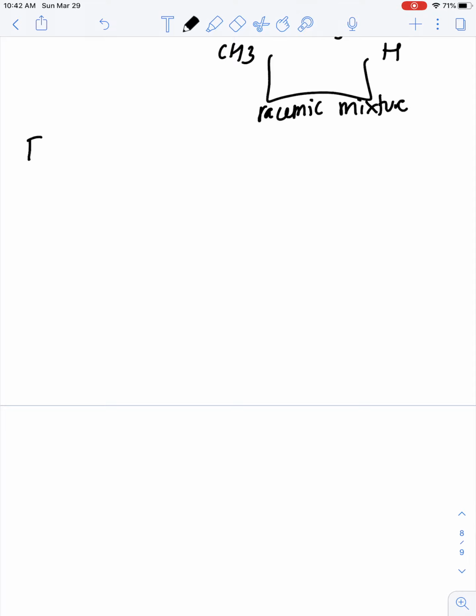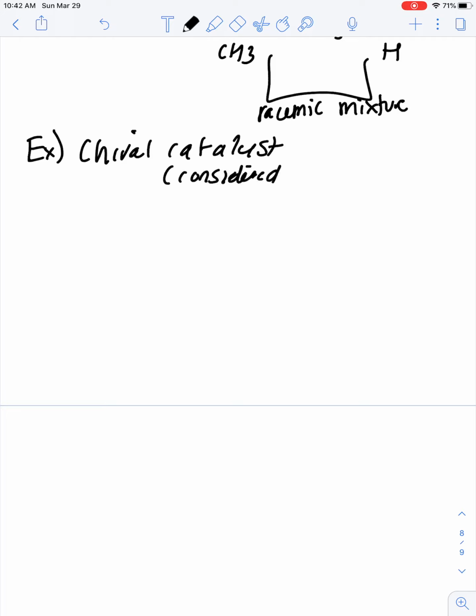So another thing that chemists can do to target what they want is they can use a chiral catalyst. So this is going to be considered stereoselective, which means, again, one of the enantiomers would be in excess.